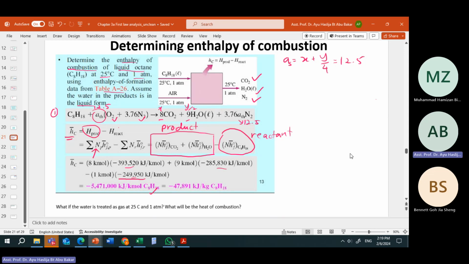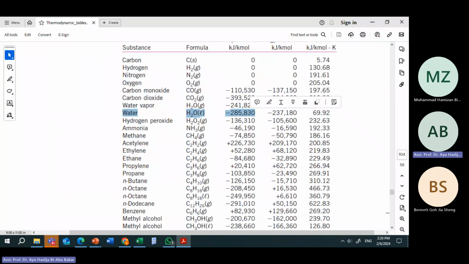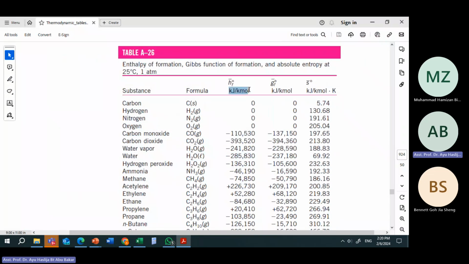If the question requires mass basis, then divide by the molecular weight. Okay. Kalau soalan minta mass basis. Kalau dia tak letak apa-apa requirement, usually end up the unit will be kilojoule per kmol. Because why? Because dalam tables is kilojoule per kmol, the unit.